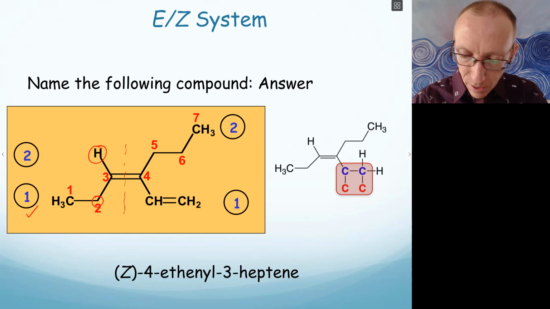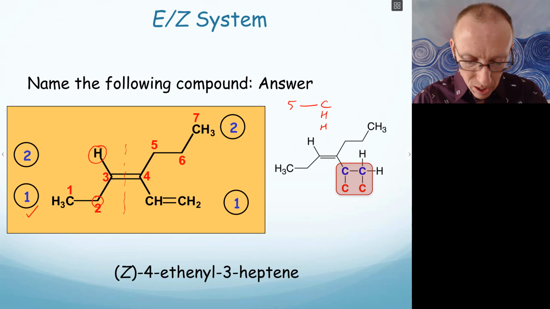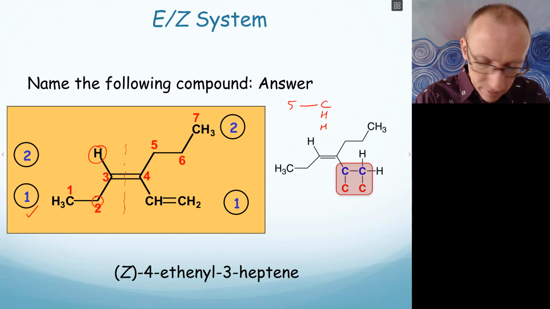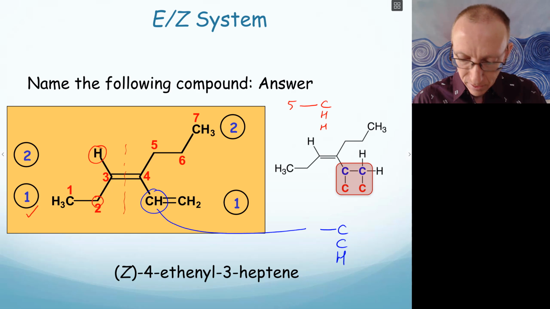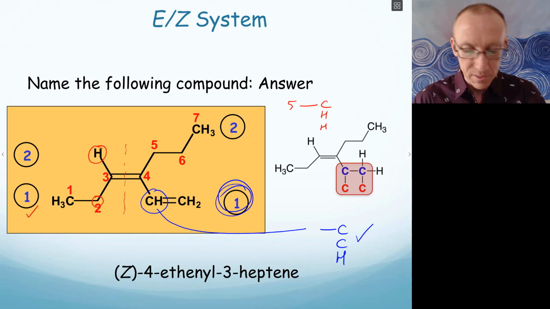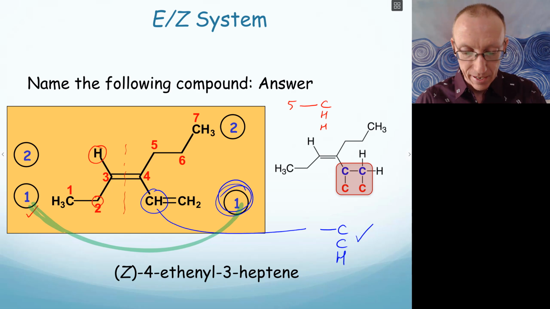And so on the top side, carbon atom 5 is going to be expanded to a carbon, a hydrogen, and a hydrogen, whereas this atom over here is going to be expanded to a carbon and a hydrogen. And so that is going to be the higher priority, and so that becomes number 1. And so now we've got the highest priority groups on the same side, so it's going to be the Z alkene.